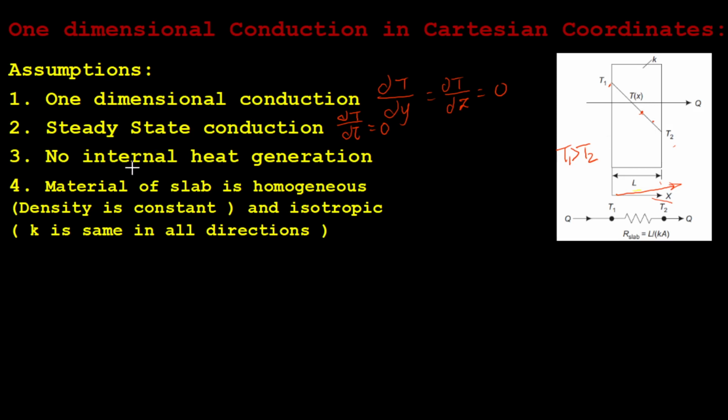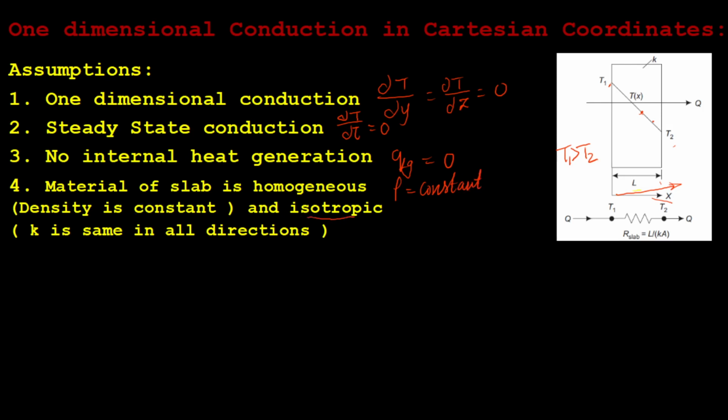Then we are assuming there is no internal heat generation, so Qg will be equal to 0. We are assuming the material of the slab is homogeneous, which means the density is constant, it's not varying.